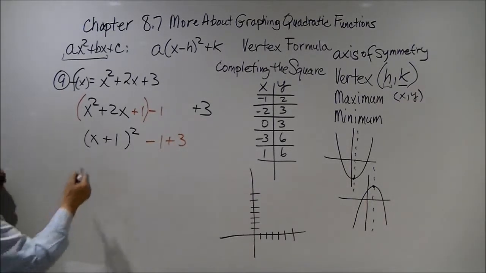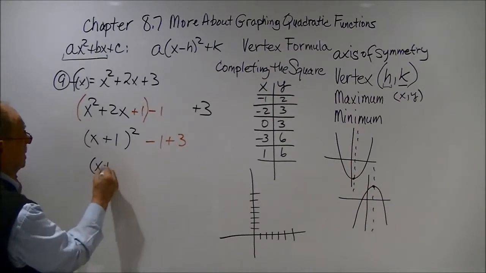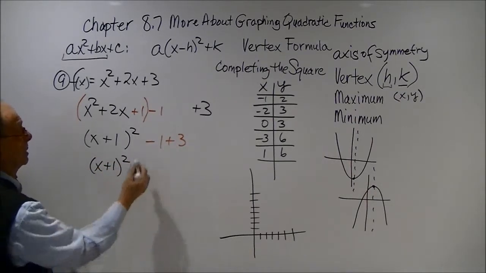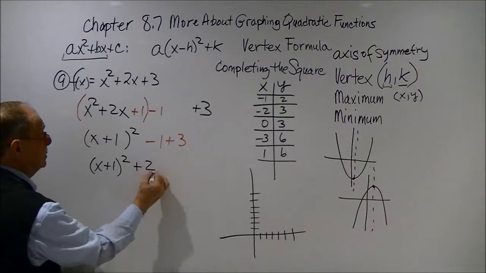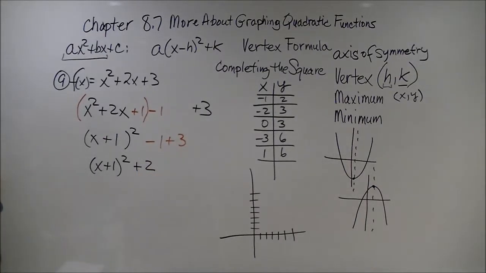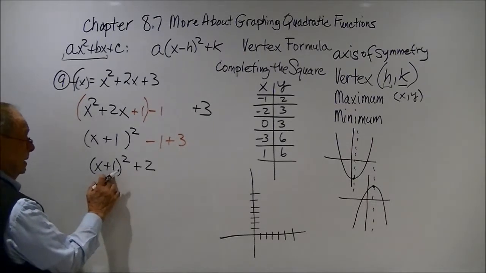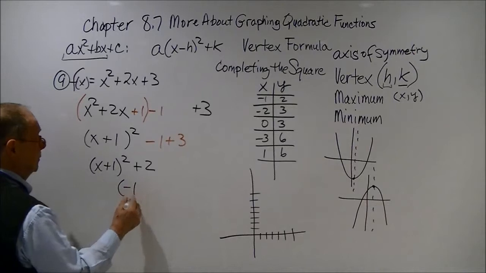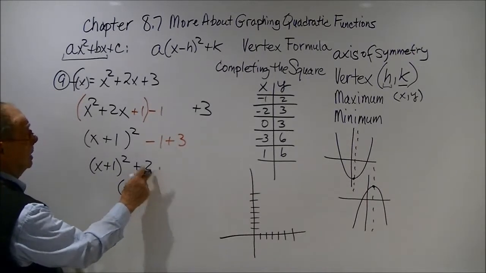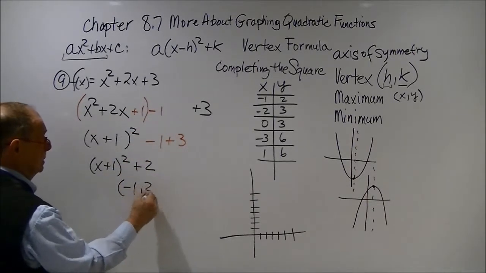So this will become x plus 1, the quantity squared, plus 2. Now what will our vertex be? Well, our vertex will be the opposite sign of this, negative 1, and our k value, which is 2.